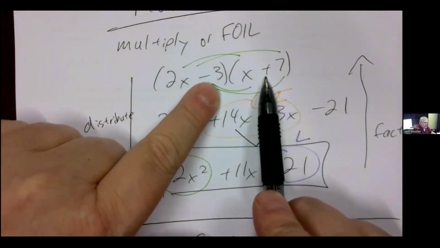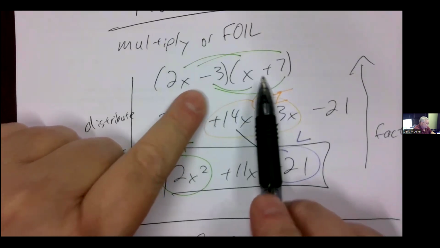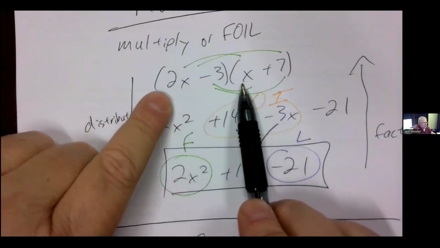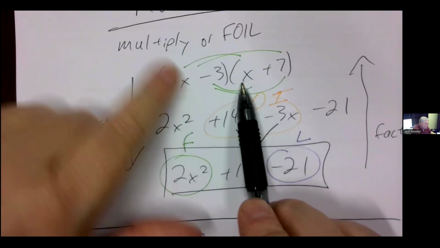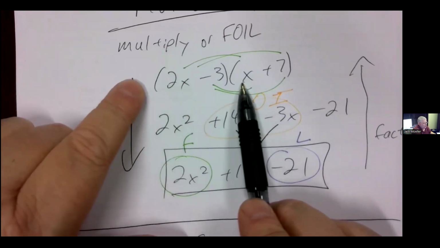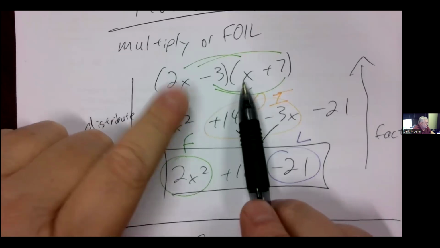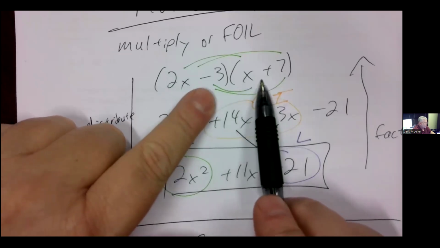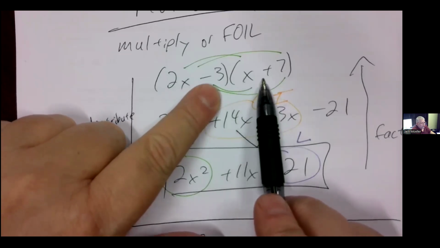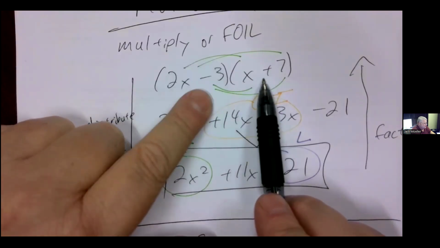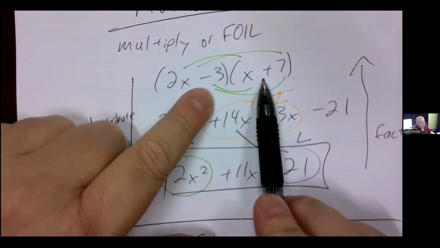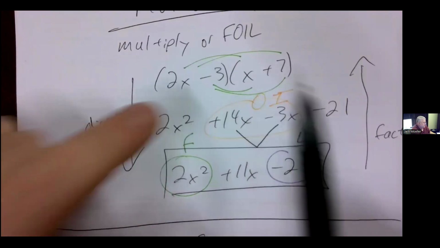Anytime I talk about the signs of the factors, I'm assuming that the leading term is positive. If not, there would be a negative GCF out here. So that's why we like the leading coefficient to be positive. So these will always be positive, and then we just have to worry about the second terms, whether they're positive or negative. If you get these signs wrong, you will never get the right answer. Okay, so you have to know your signs as well as the numbers.